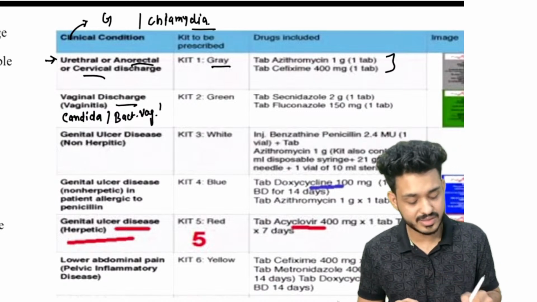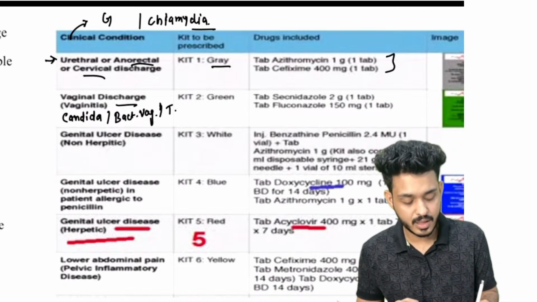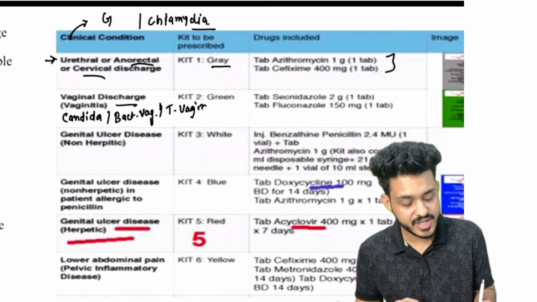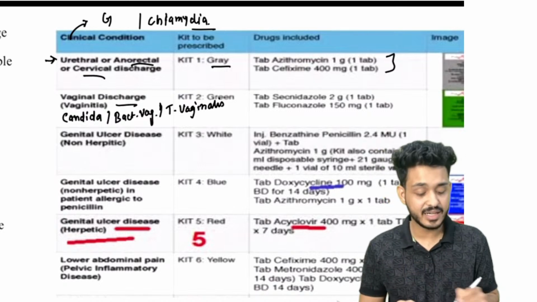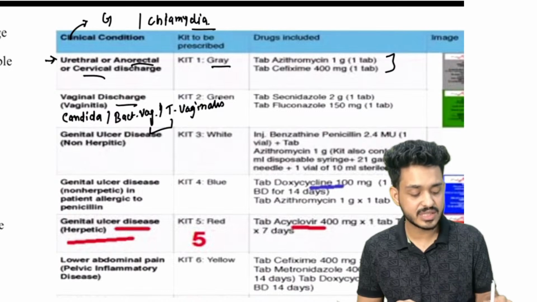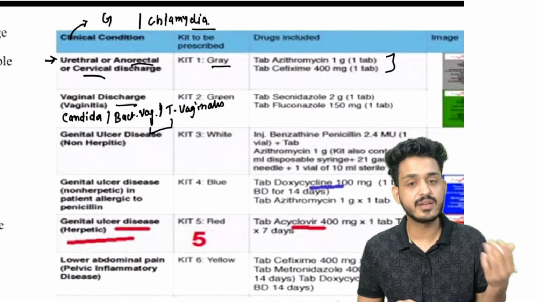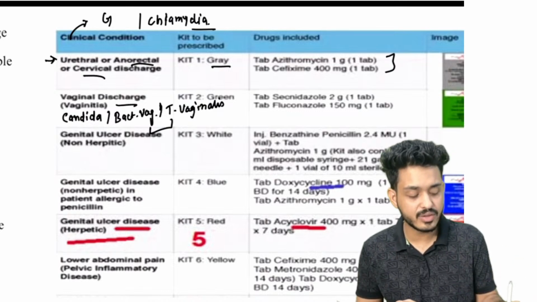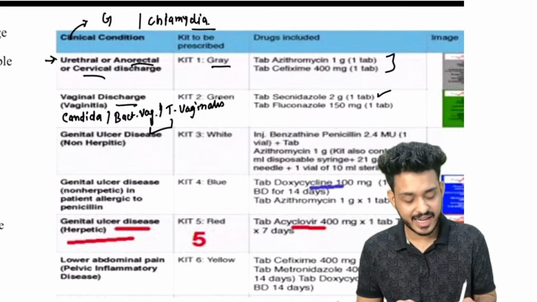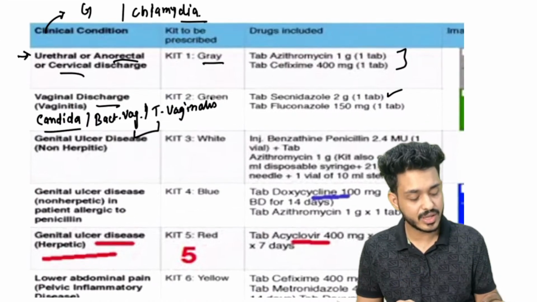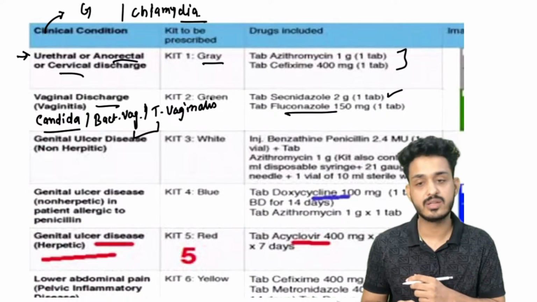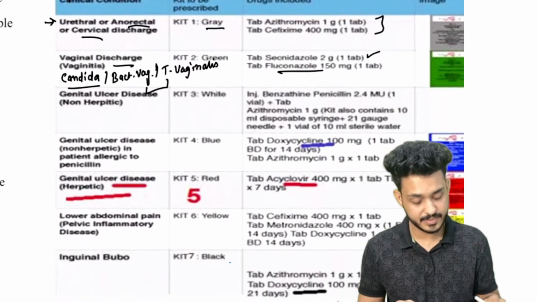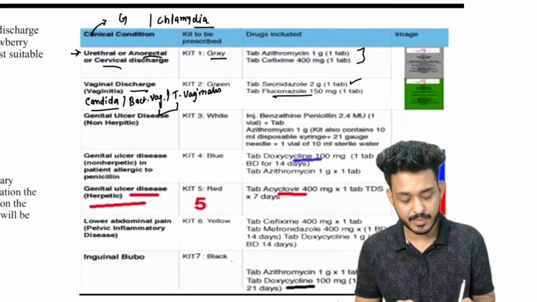What is that? That is Trichomonas vaginalis. For bacterial vaginosis and Trichomonas vaginalis, we can use metronidazole or secnidazole. Candida is a fungal infection, so we give an antifungal, that is fluconazole.